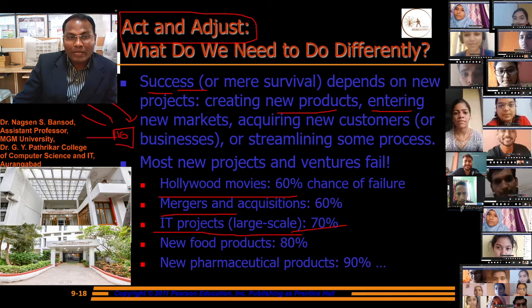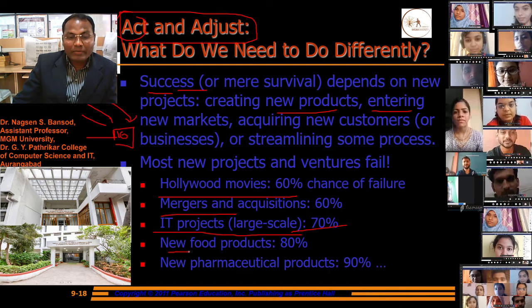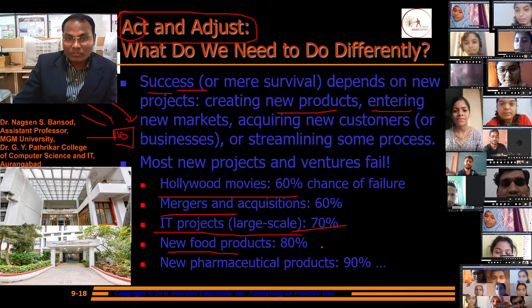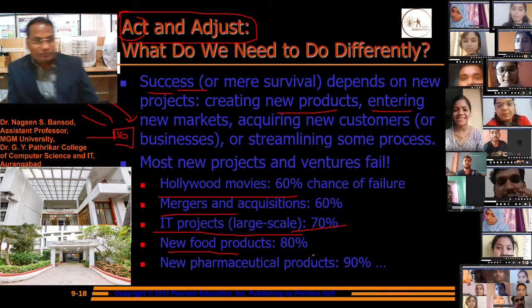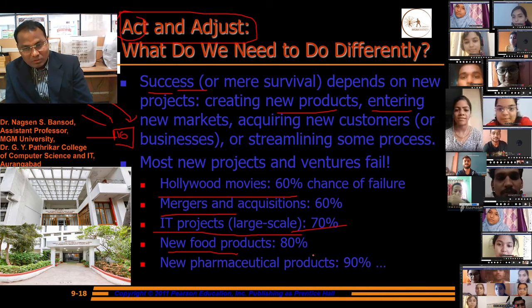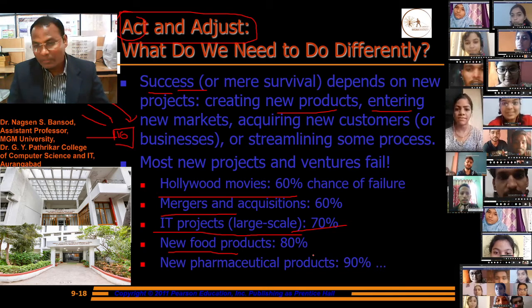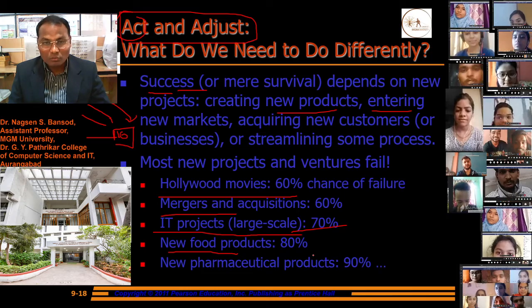Because of the act, because of the adjustment. As well as new food products, there is 80% chance of business failure. As well as new pharmaceutical products, 90% failure in the new pharmaceutical product, people do not buy this product. So we have to make some act and go through the planning.